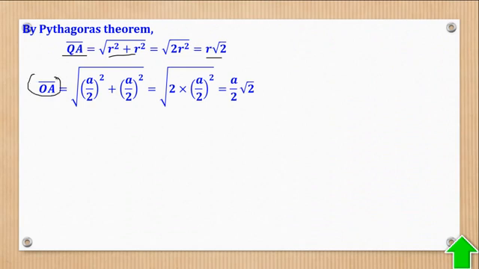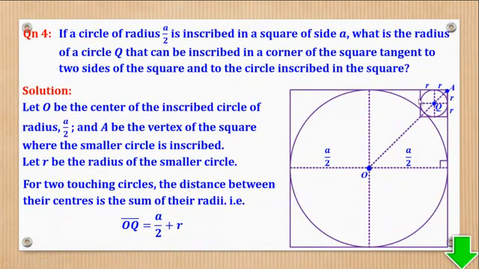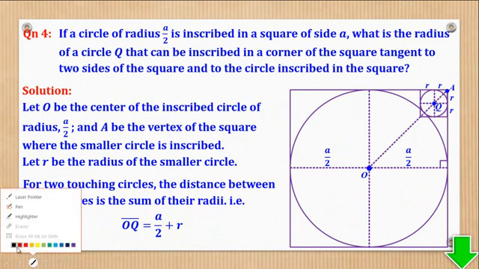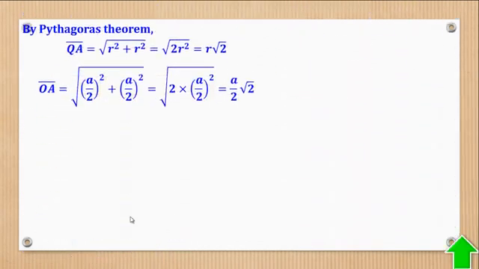And OA, if you go back to the diagram, from O to A can be got from, because from here to here is A over 2, from here to here is A over 2. So I'll use Pythagoras to get OA, which is A over 2 root 2.